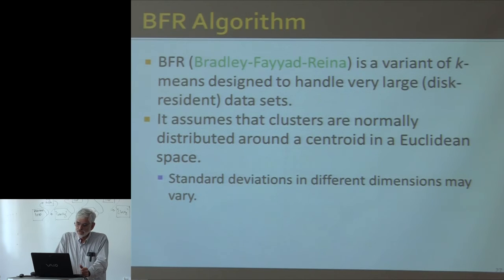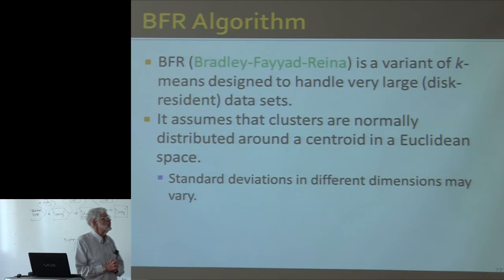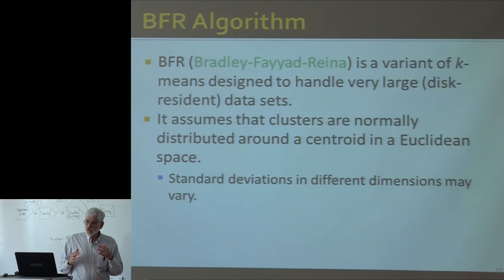Now they make fairly strong assumptions, which are first of all that the clusters are normally distributed in a Euclidean space, and the clusters can have any number of dimensions, but the dimensions are independent.